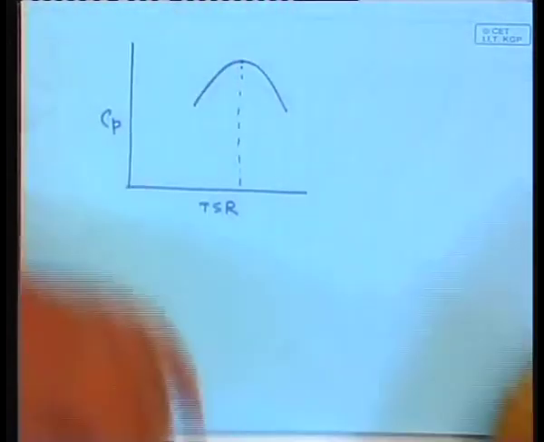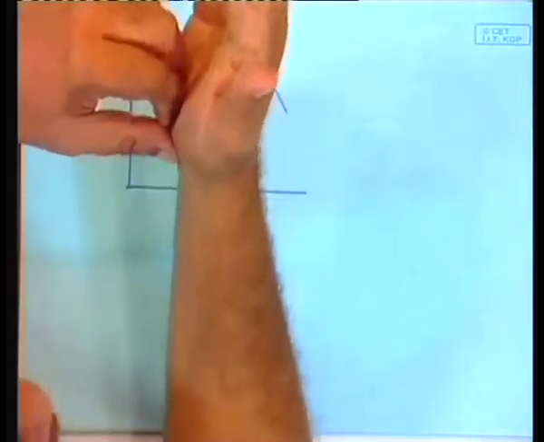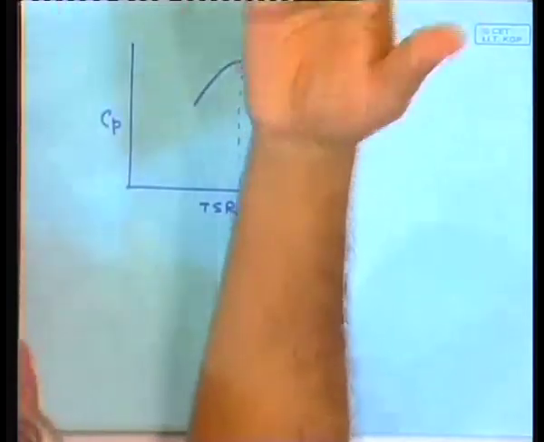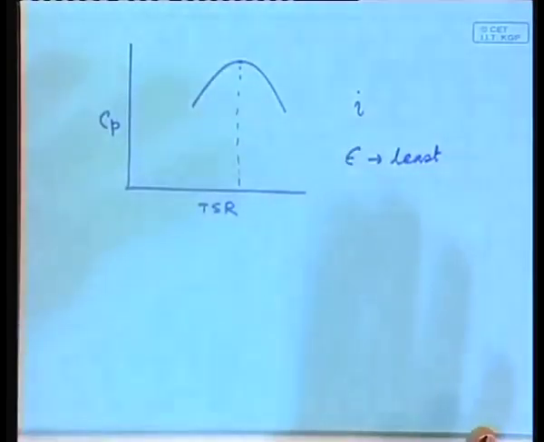Seen from the point of view of individual blades, we have seen that it works at its maximum aerodynamic efficiency at a specific value of the angle of attack i, small i. You have seen that, right. What was the logic? The logic was that epsilon should be least possible.